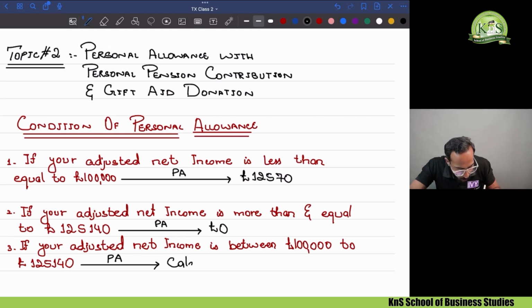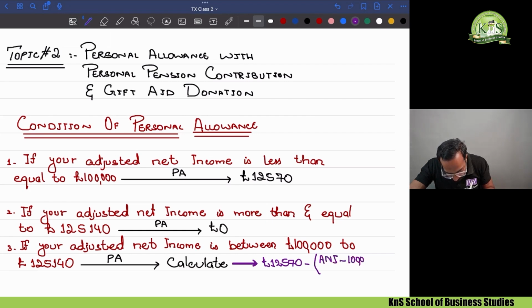Then you need a formula to calculate it. And what is the formula? Let me write it down. The formula is 12,570 less ANI less 1 lakh, that's your limit, divided by 2. This formula will be used in order to calculate the personal allowance.